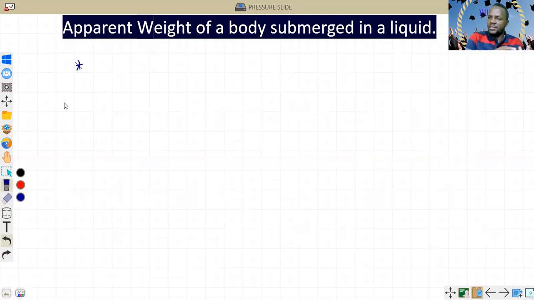Tension is defined, in early classes, as the force that acts in a string or rope. Forces that act in strings and ropes are called tension. So the apparent weight of a body that is submerged in a liquid is the same thing as the tension of that body. That is from SS1.